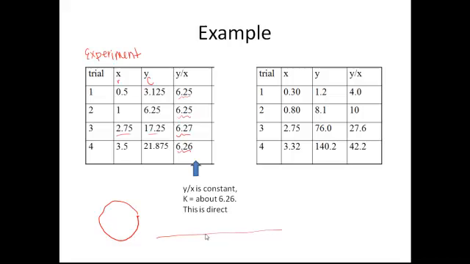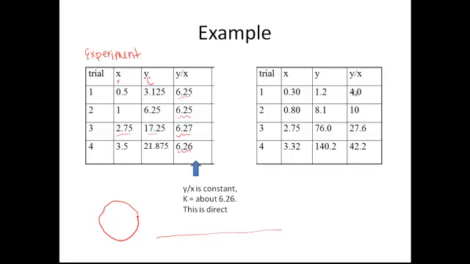I just want to point this out. Had you had something like this, for example, in trial 1 you measured 0.3 and then 1.2, and you measured 0.8 and it was 8.1. I don't know what would fall under this category. You could come up with the story behind this, but I'm not being creative right now.